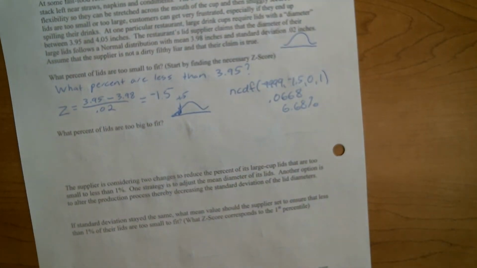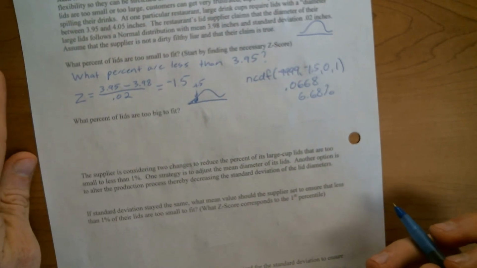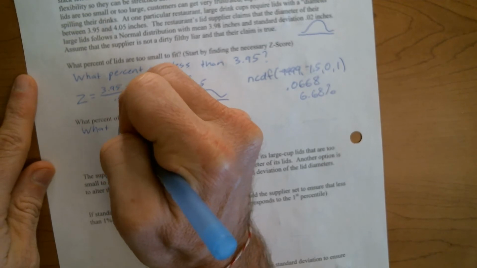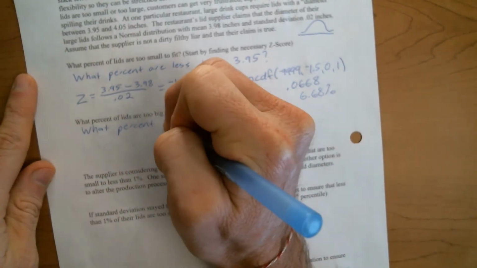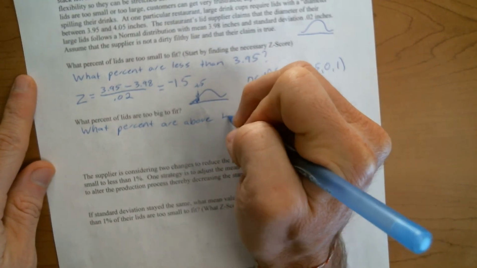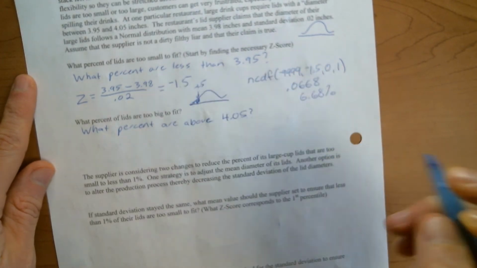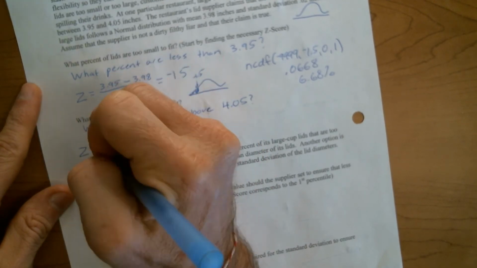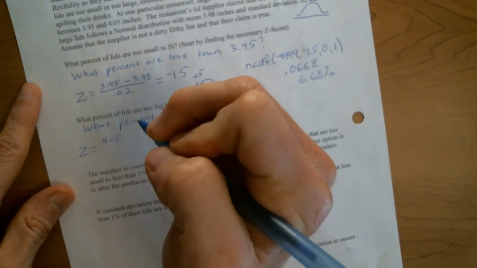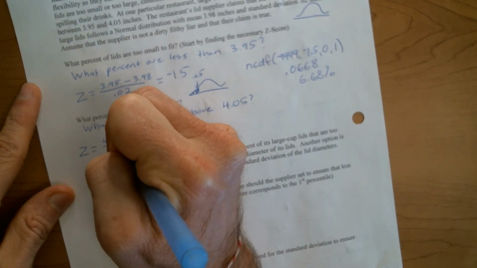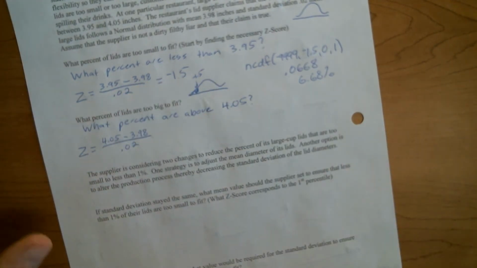What percent of lids are too big to fit? Basically, this is asking what percent are above 4.05. We're going to do the same exact thing. z equals 4.05 minus 3.98 divided by 0.02.